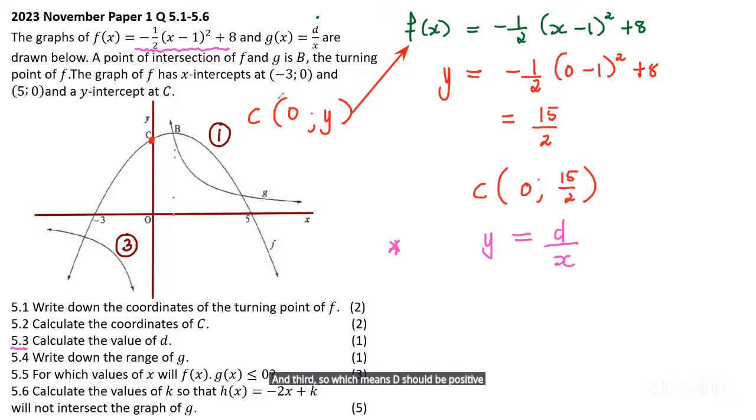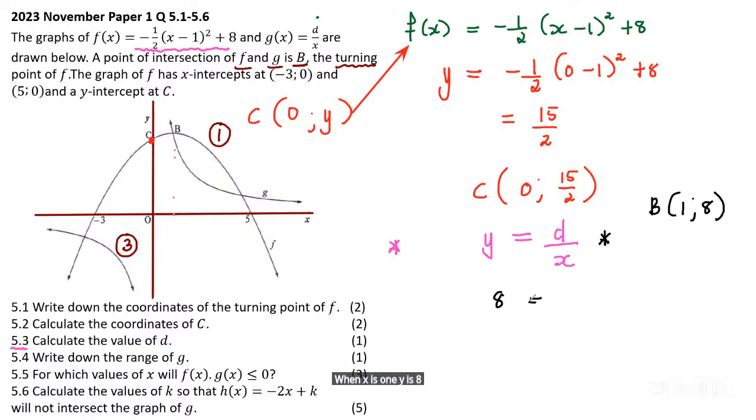They told me that B, the turning point, is a point of intersection of F and G, suggesting that the point B is available on this graph. In other words, my B is (1, 8). When X is 1, Y is 8.